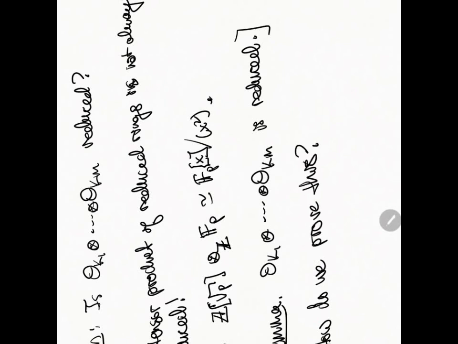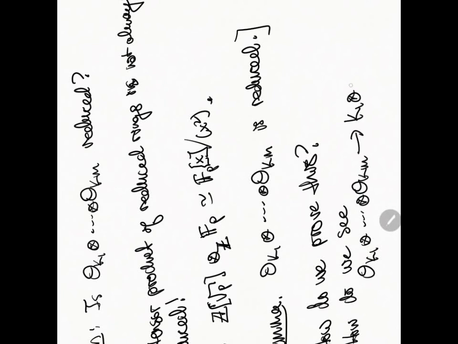So how do we see that the map O_K1 ⊗ ... ⊗ O_Km into K1 ⊗ ... ⊗ Km is injective?